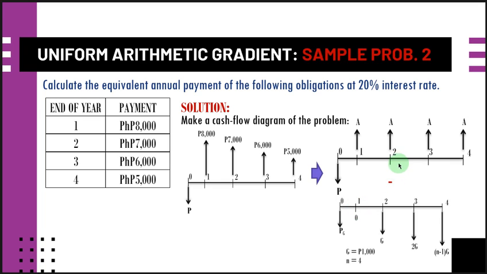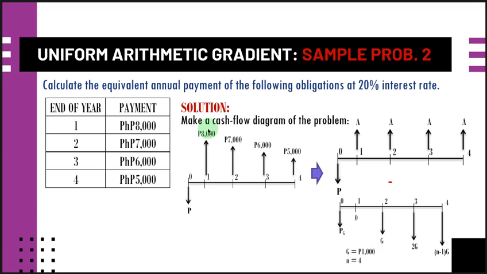Okay. During the second year, since it is 7,000 pesos, we have a difference of 1,000 between the second year and the first year. But take note, since this is decreasing, the direction of this gradient is below this line, going downward. So since our G is 1,000, this is going downward here, a single G. How about during the third year?